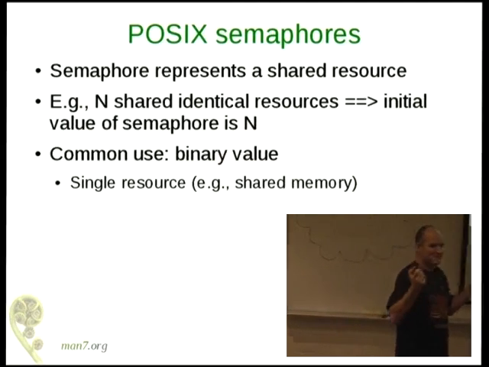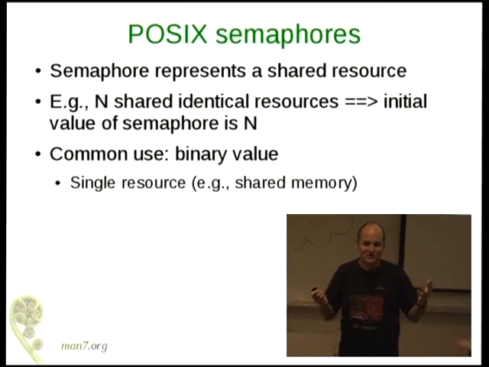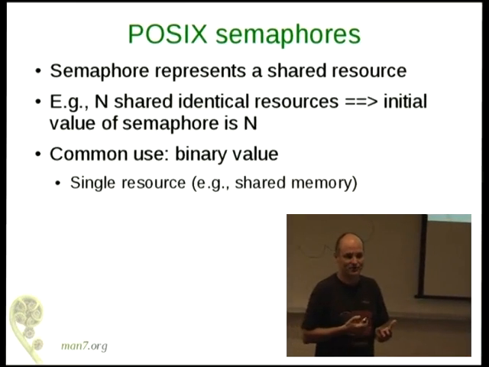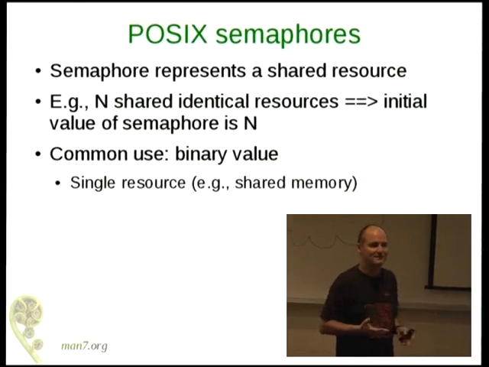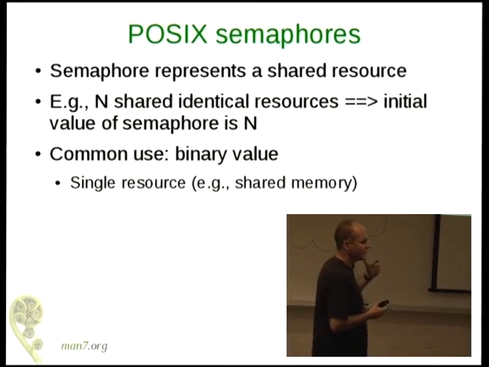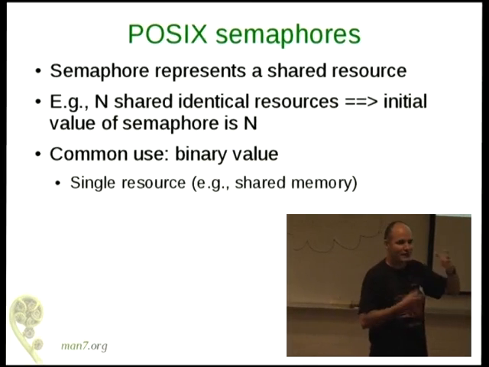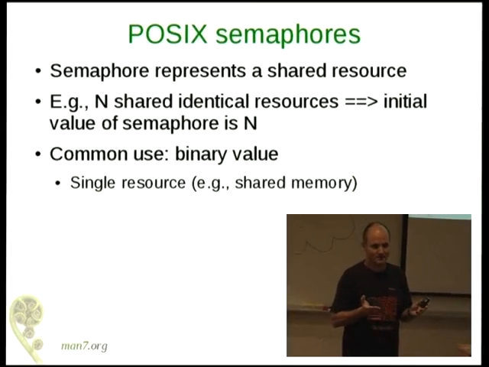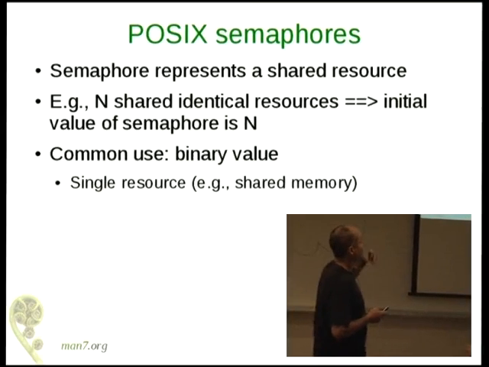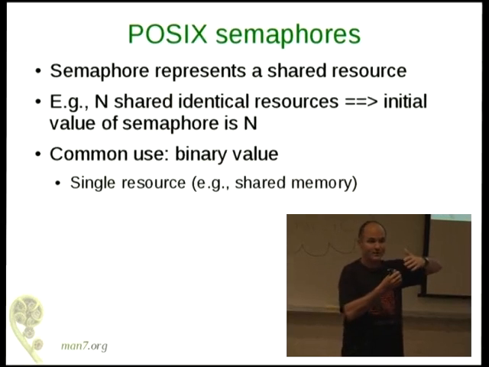A semaphore is just an abstract thing. It just represents whatever shared resource you care to associate with it. It could be a bunch of printers, it could be a bunch of buffers in memory that are being shared between processes. Your semaphore value basically represents the number of available resources of that type that you're sharing. So a semaphore can have an arbitrary initial value.